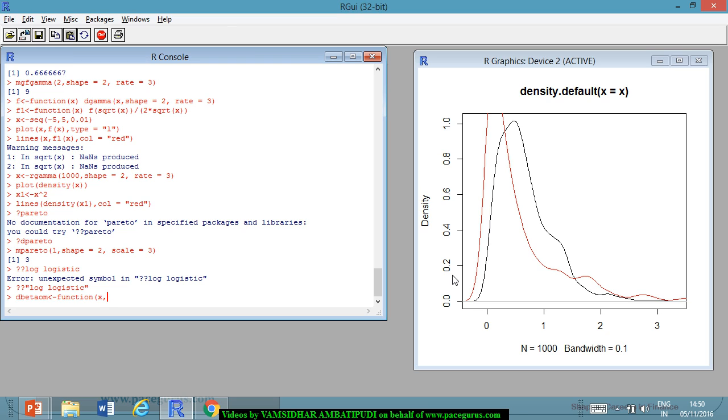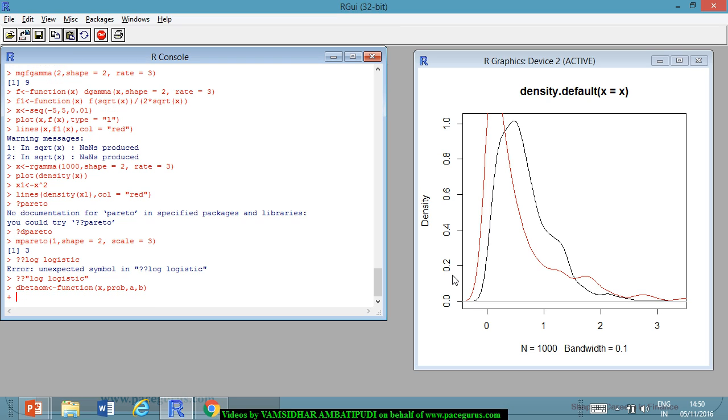Along with that, I have to specify the probability that x will be greater than or equal to 1. So this is where I have to set some probability value. And the beta function requires two shape parameters, a and b. So I am defining all these things in a dbetaom function.